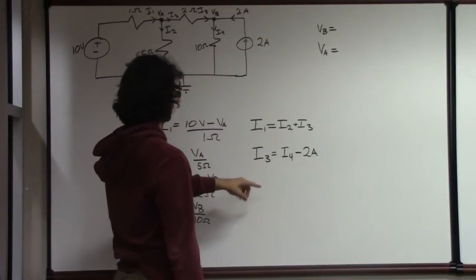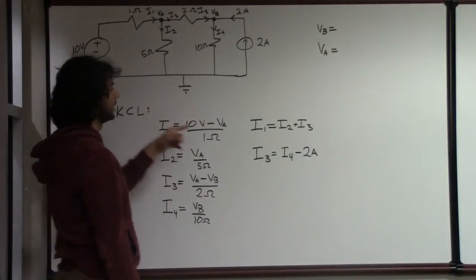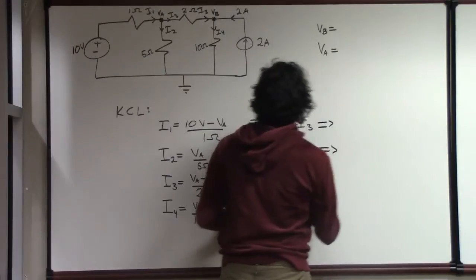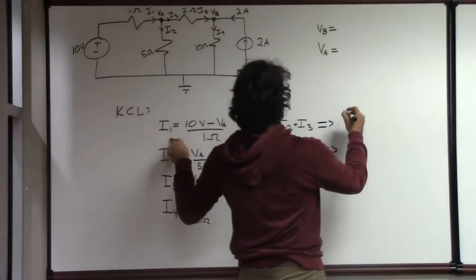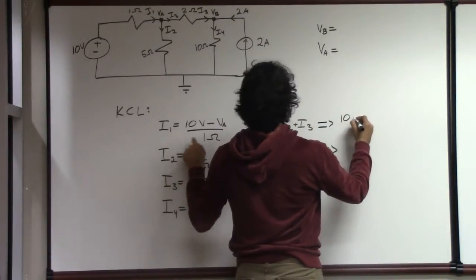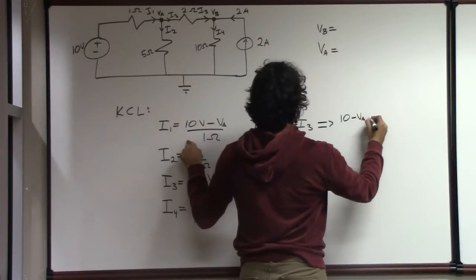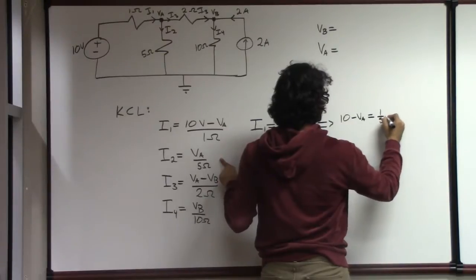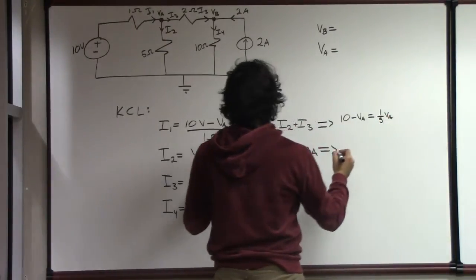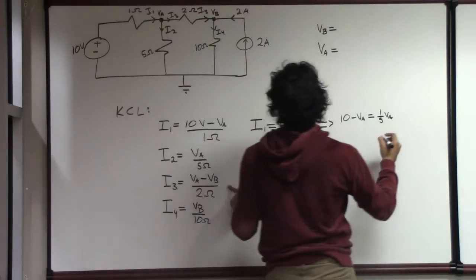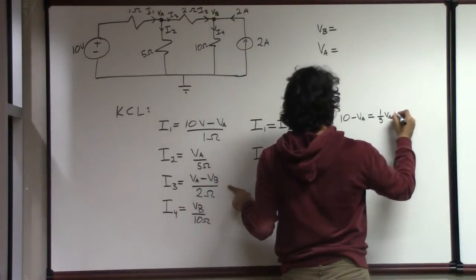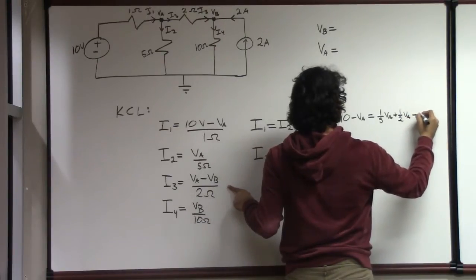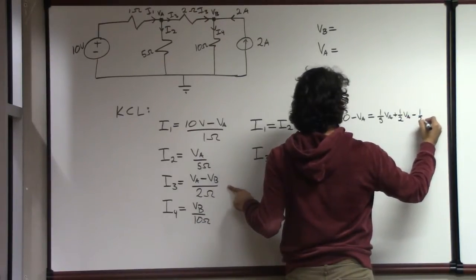Now what I can do is substitute these definitions into these equations. I1 is going to be 10 minus VA, which is equal to I2, 1/5 VA, plus this quantity, plus 1/2 VA, minus 1/2 VB.